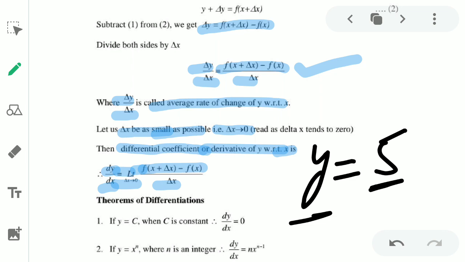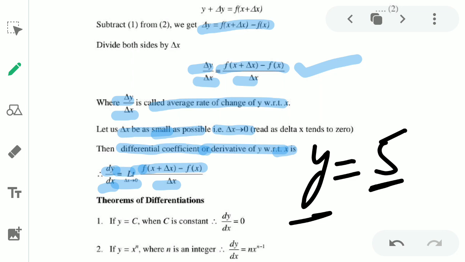If x equal to 1, what is y? That is 5. If x equal to 2, what is y? That is 5. If x equal to 3, what is y? That is 5. It means when the value of x varies, y cannot vary. So y is independent of x.